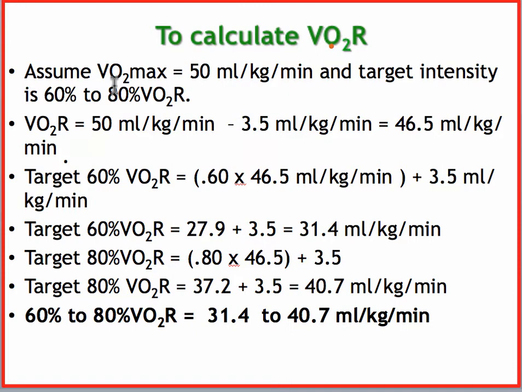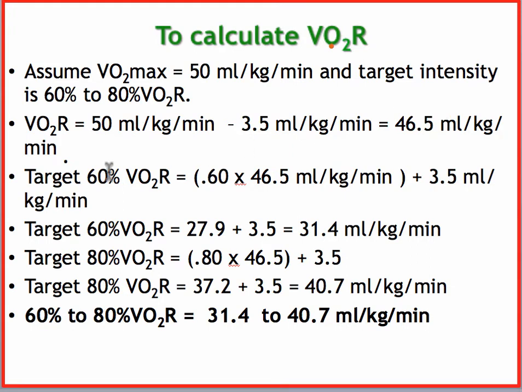Because they're somewhat fit, they're not new to exercise, you believe this was a good intensity for them to start at. So to find their VO2 reserve, remember it's max VO2 minus resting VO2.